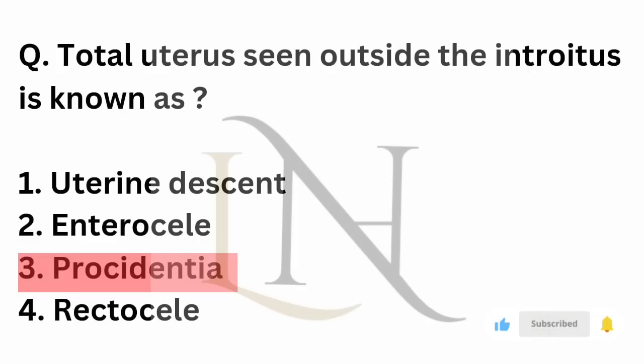Rectocele means pelvic organ prolapse, weakness of the supportive wall of tissue between the rectum and vaginal wall, and enterocele means herniation in the perineum area. Move to next MCQ.